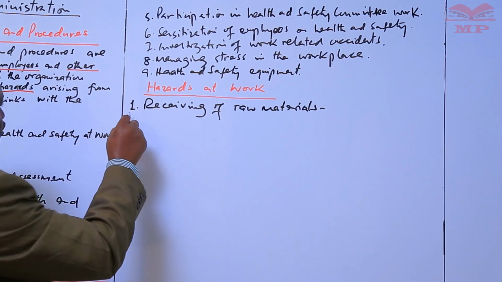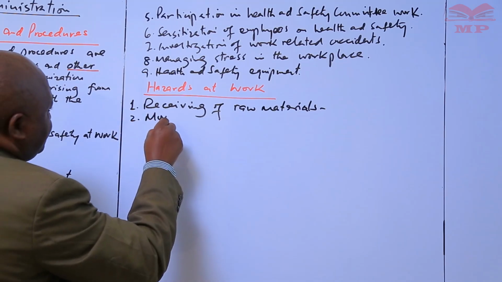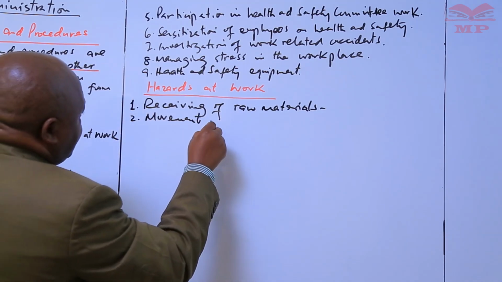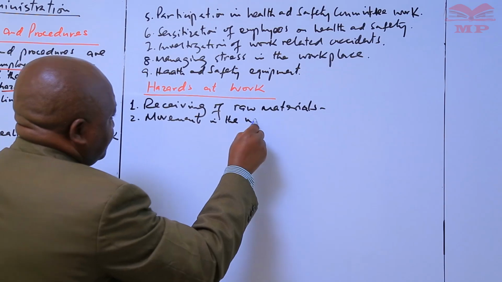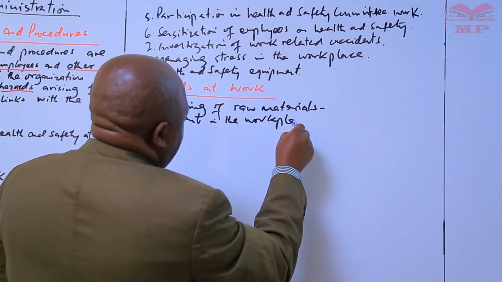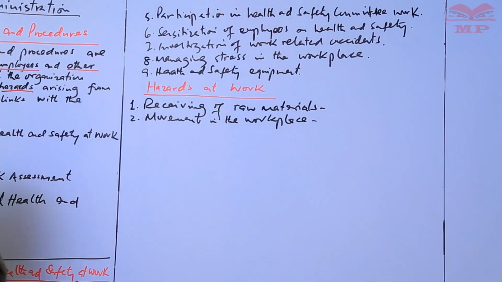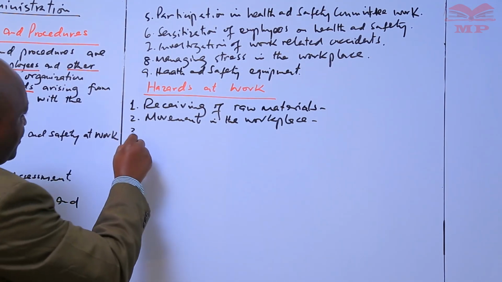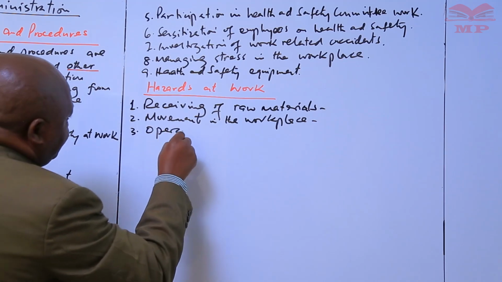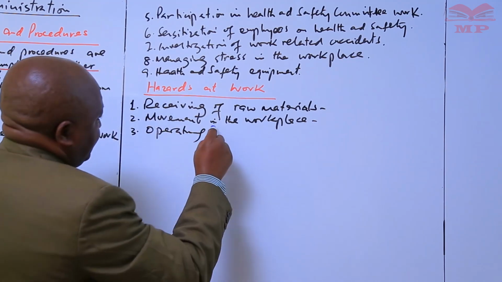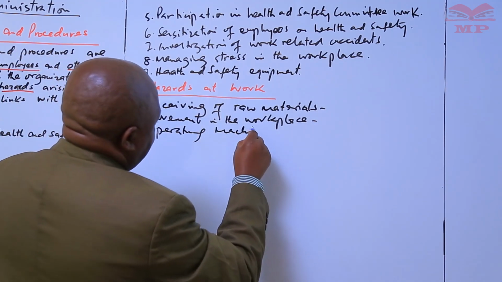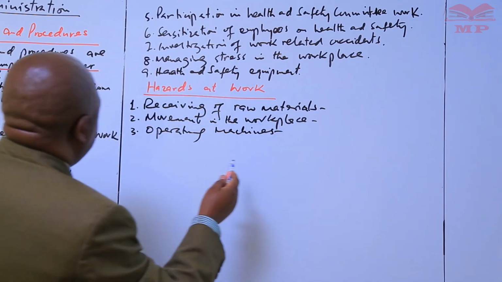Then there is the issue of movement in the workplace. So when there are movements in the workplace, there could be collisions, for example. Then operating machines, that could also create a hazard.